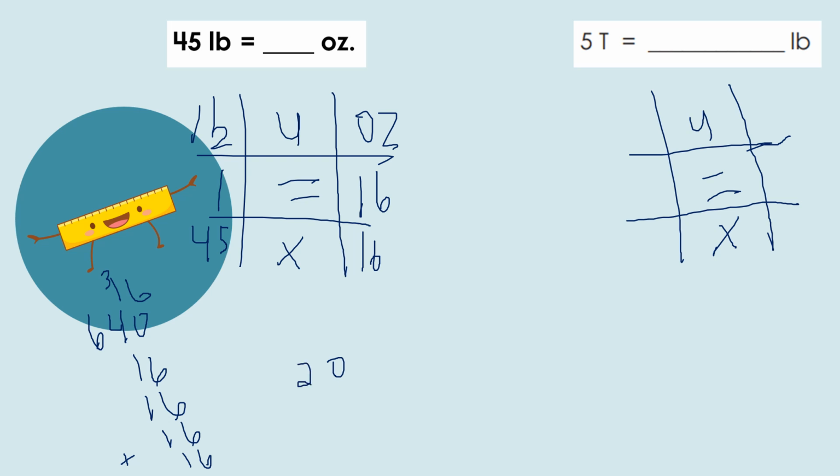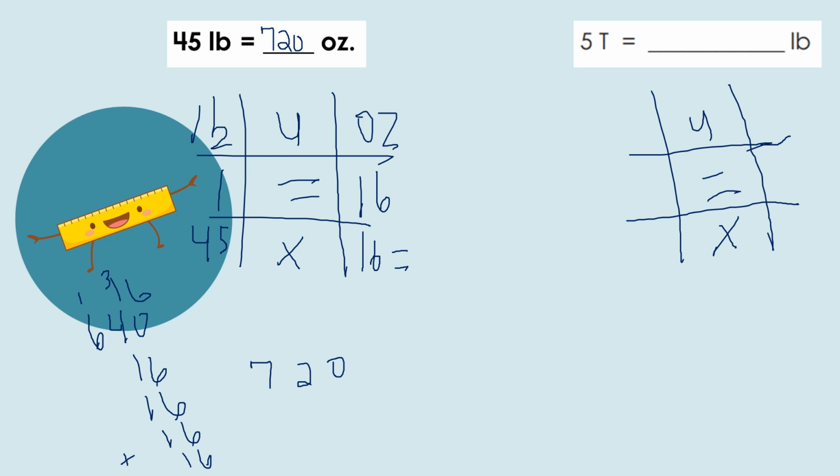So put our 2 and carry out 1. And that's 720. So 45 times 16 is 720. And 720 what? Ounces. So we just converted 45 pounds to 720 ounces.